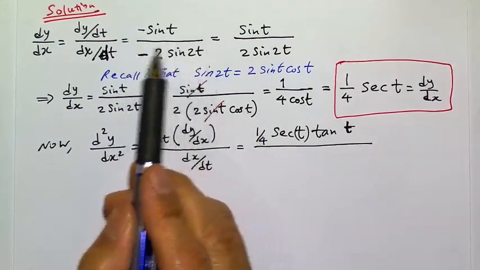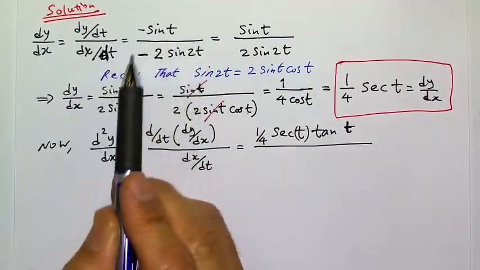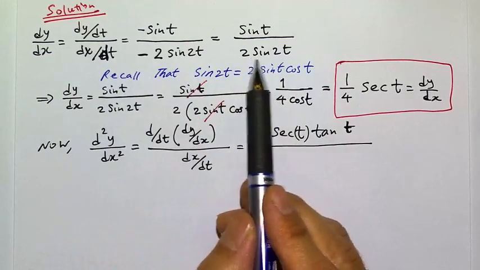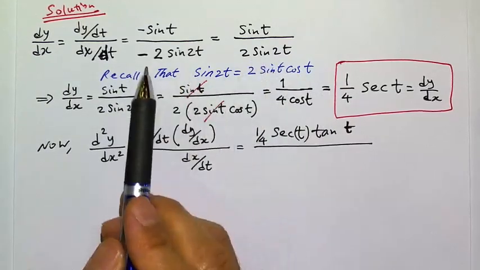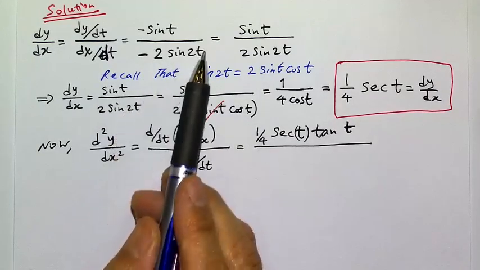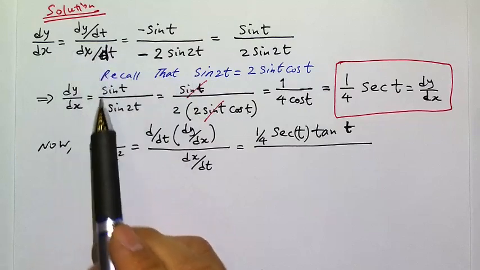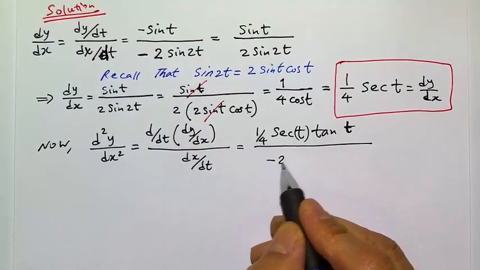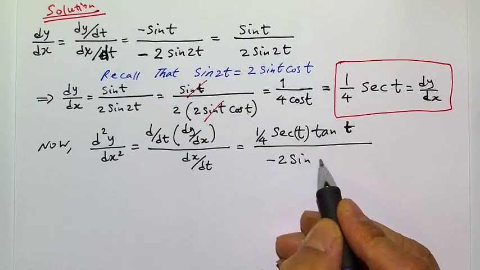So you want to get the original dx dt before you simplified it. I'm going to write minus 2 times sine 2t because that's the original expression for dx dt, and that's what we need here.